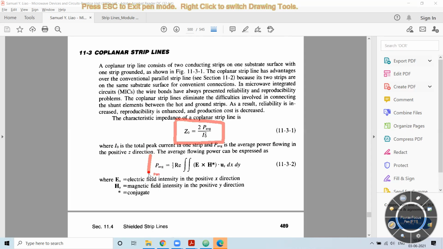We can have P average equal to 1 by 2 real part of the double integration of the cross product of E and H conjugate, with a unit vector along the Z direction.